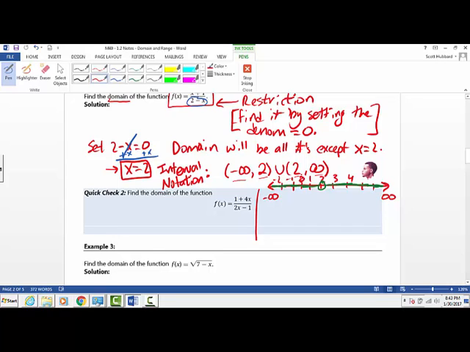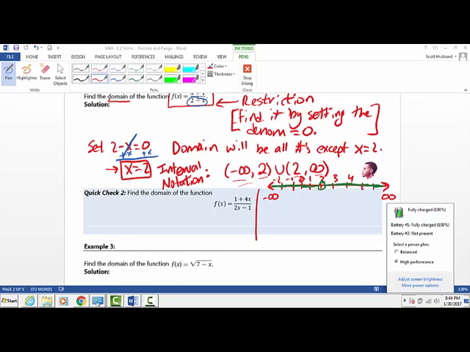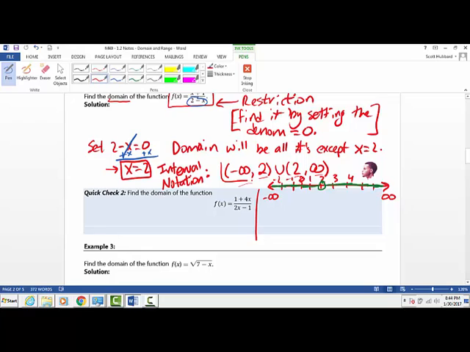Okay? Now the way we write it is that, see how there's two intervals here? There's the left side and the right side. So this is the left interval over here, and this is the right interval over here. We just write both of them, and then we union it. So the way you would write this is you write the left interval first, and then you write the right interval.